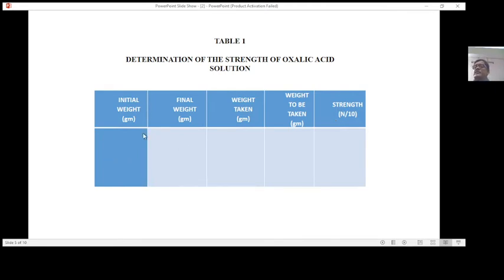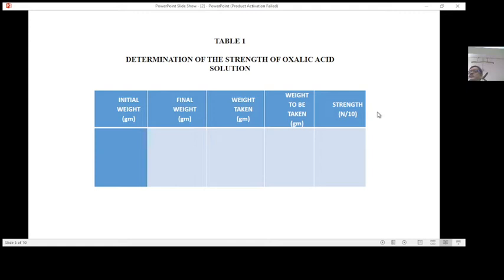How can we prepare it? We have to take an initial weight and a final weight, and for N/10 we cannot make it exactly N/10. There will be a factor in front of this N/10 solution.